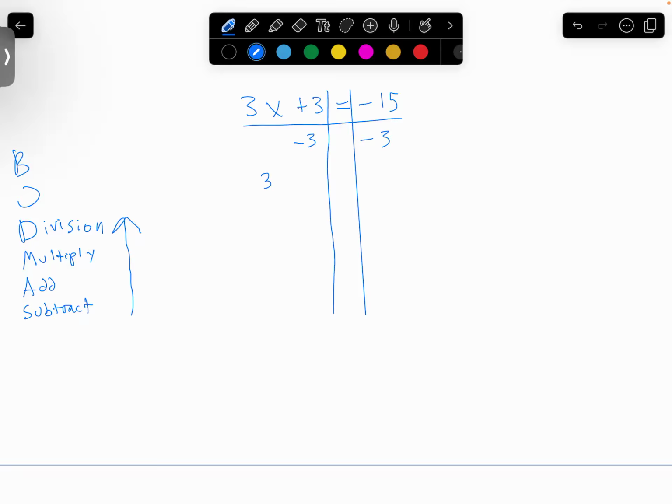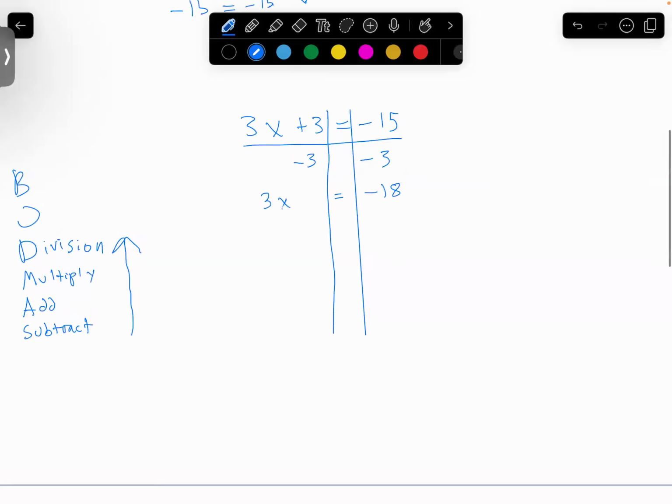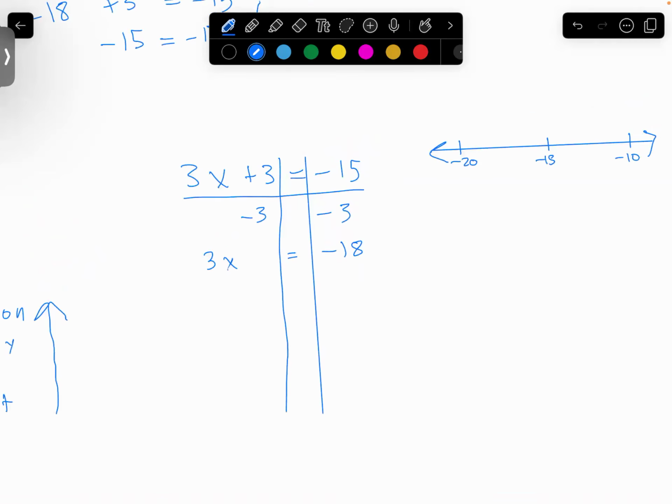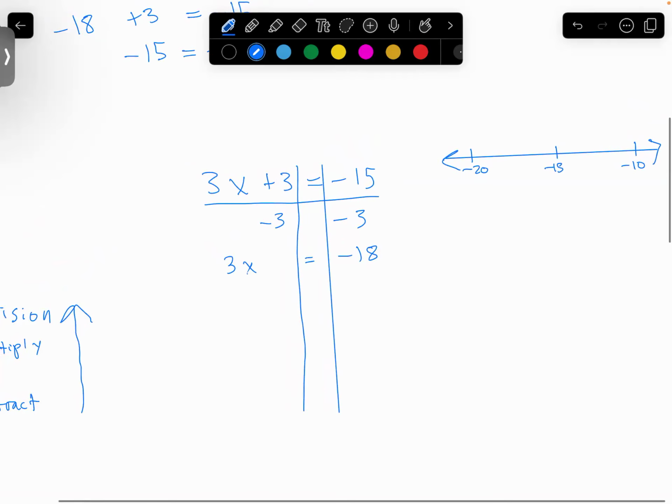And this would be 3x is equal to negative 18. The reason for this is if we have a number line with, say, negative 20, negative 15, and negative 10, and we are at negative 15 right now and we subtract 3, we would be going this way because we are subtracting.